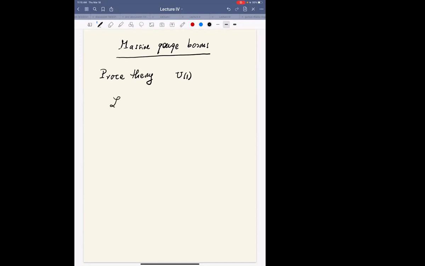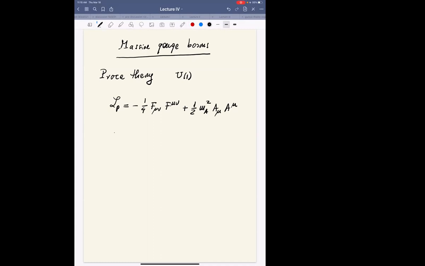And Proca writes the Lagrangian the same way Maxwell would. You have the kinetic energy, which has the good Lorentz behavior, but apparently you are told that the gauge boson has a mass. So you write the mass term.